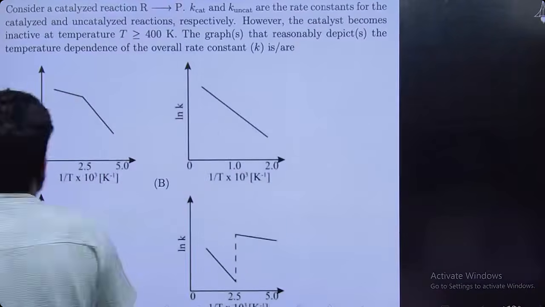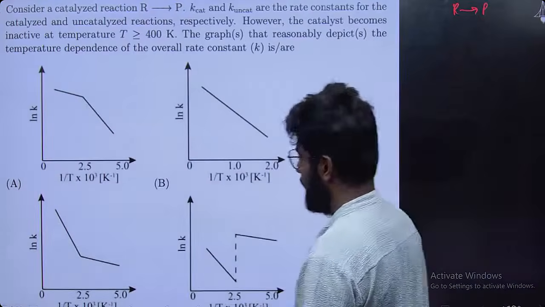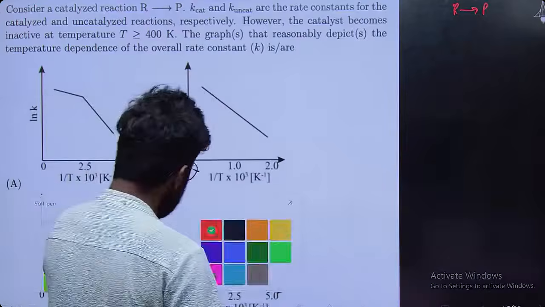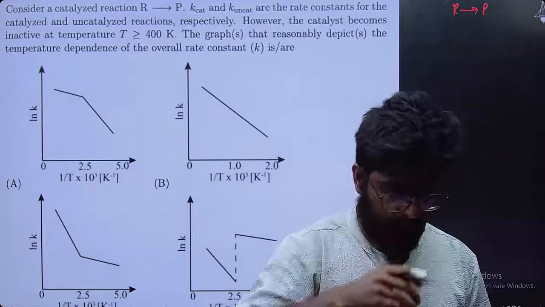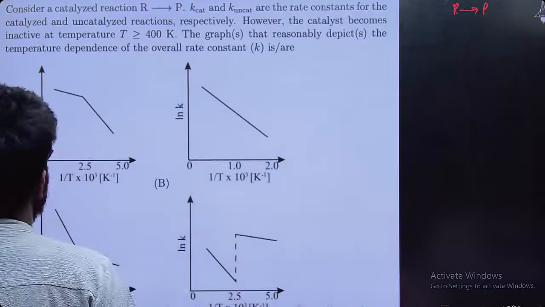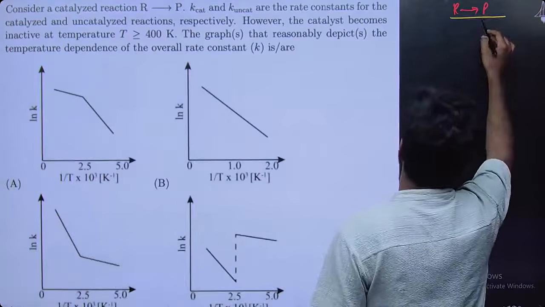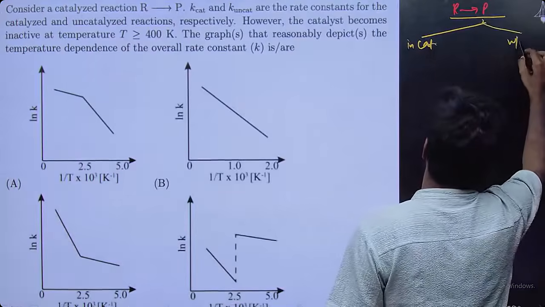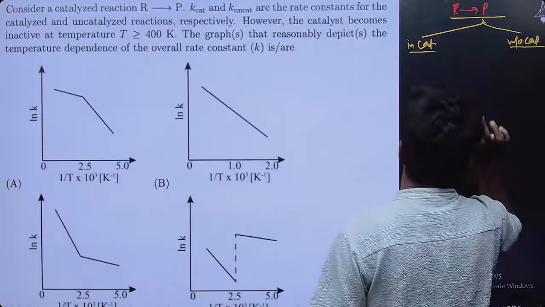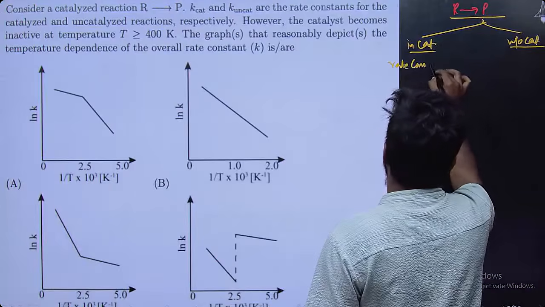Now moving to the next question: consider a catalyzed reaction. There's a reaction R to P. This reaction proceeds in two ways, with catalyst and without catalyst.